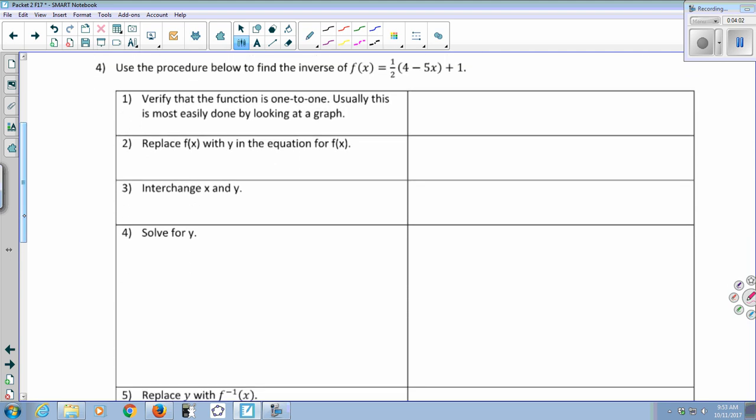So I've got f of x is 1/2 times (4 minus 5x) plus 1. First, we should verify that this function is 1 to 1, that it passes the horizontal line test. We can look at a graph. That's usually the easiest way to verify that something is 1 to 1.